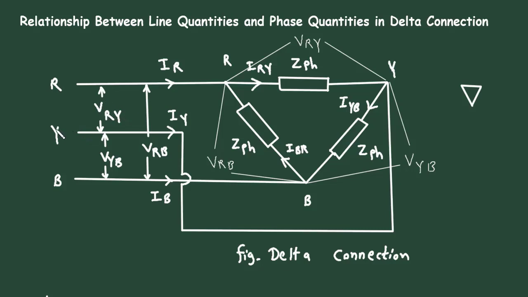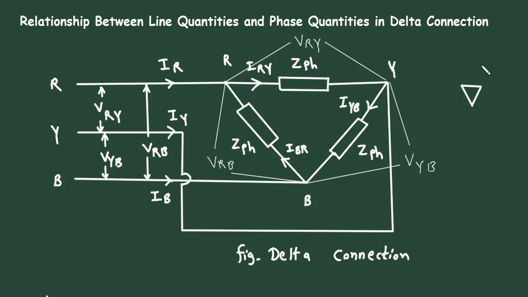The voltage between Y and B is represented by VYB, and the voltage between R and B is represented by VRB. Here we can see, first we have taken R, after that Y, and then B. So these are the three phases R, Y and B. These are the currents and these are the voltages, and this is our delta connection.